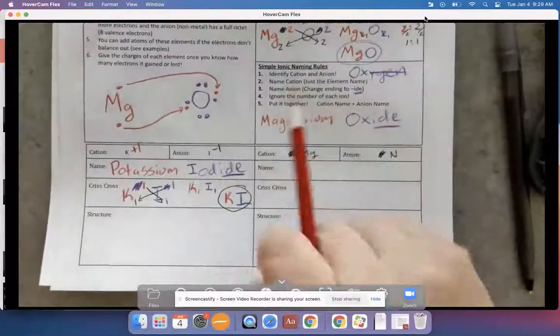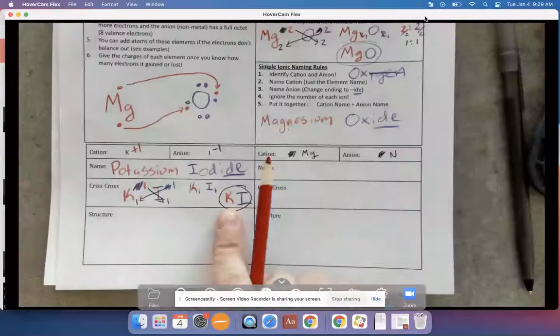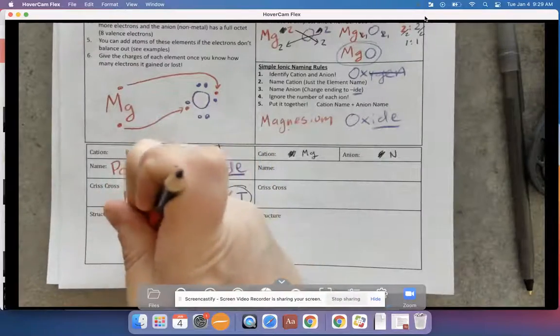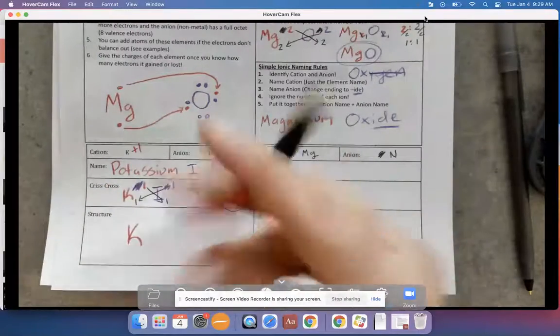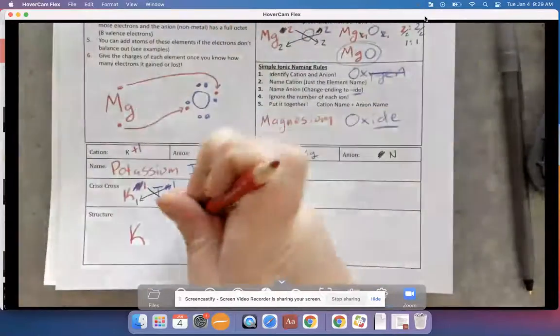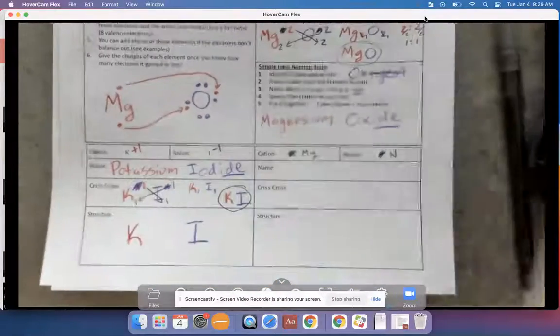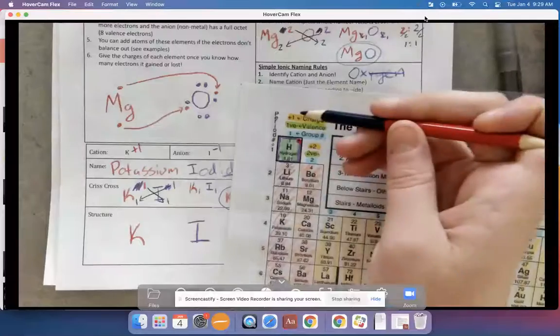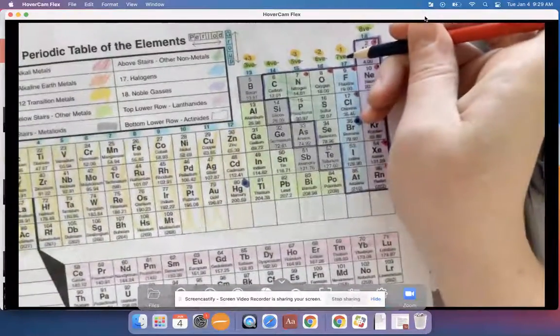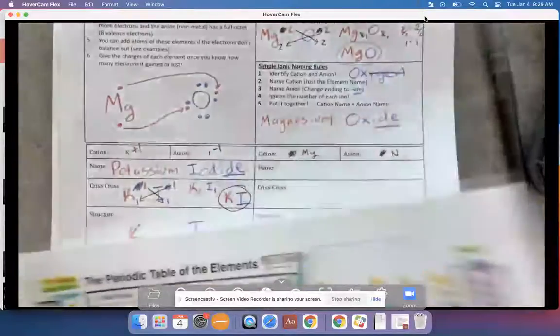Now to draw my electron transfer, I'm going to look here. I have 1 K, so I'm going to draw 1 K. I have 1 I, so I'm going to draw 1 I. I check my periodic table. K has 1 valence electron. I has 7. So I'm going to draw those in.